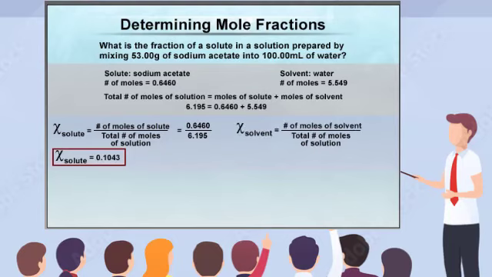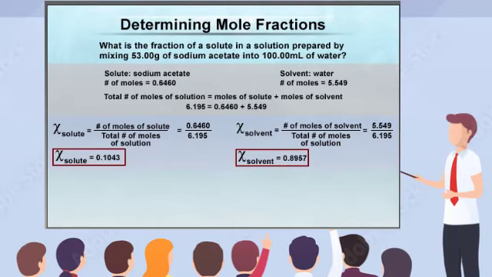You can determine the mole fraction of the solvent at this point in one of two ways. One way to determine the mole fraction of water is by dividing the number of moles of water, 5.549, by the total moles of solution, 6.195. The mole fraction of water is 0.8957.